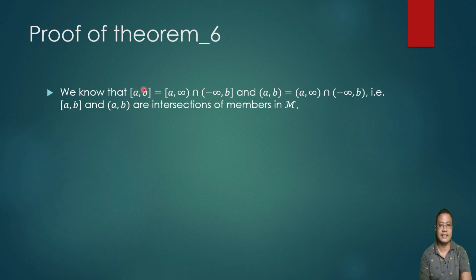Similarly, you can write the open interval in this form, so these are measurable, which means this is also in M. This completes the proof. Hence, all intervals are measurable.